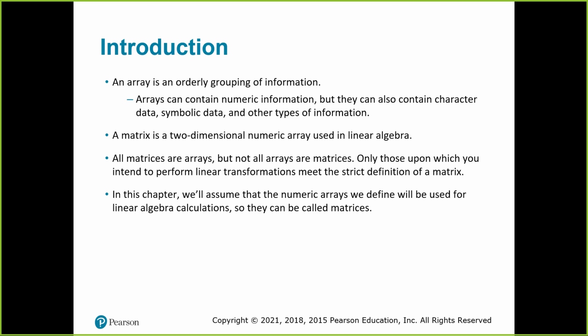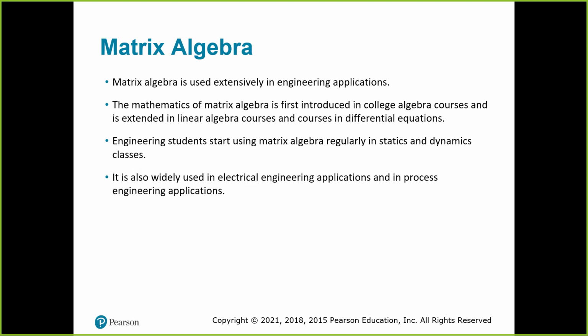And I like this: all matrices are arrays, but not all arrays are matrices. Anyway, in this chapter, we're just going to assume that all of our arrays are matrices. Okay, we'll move on.